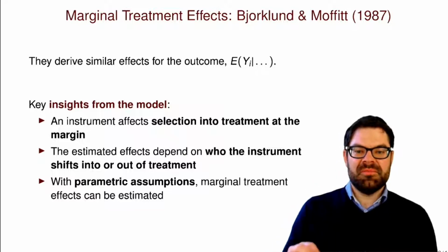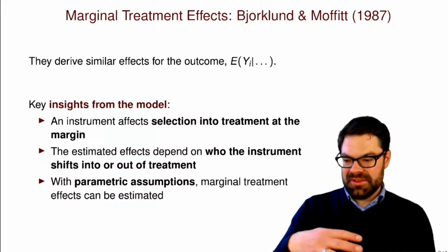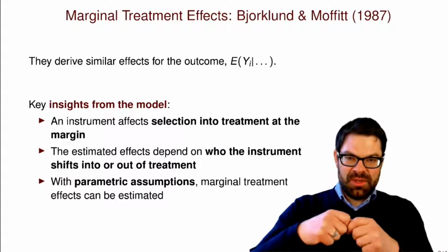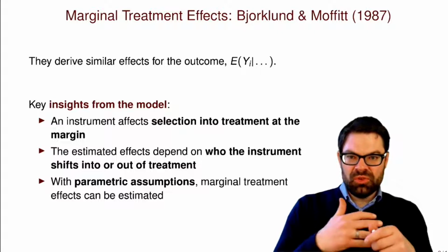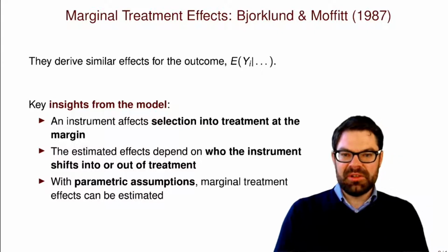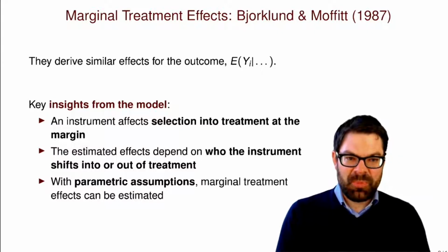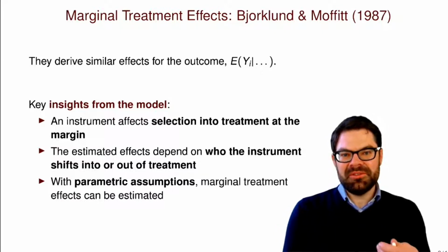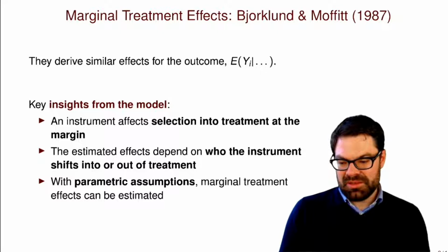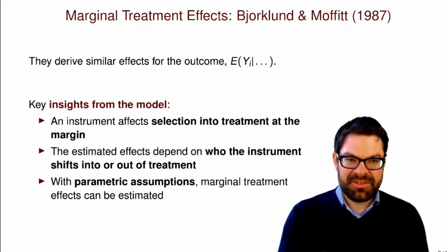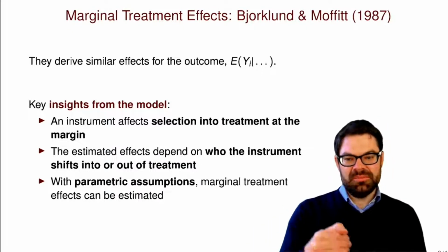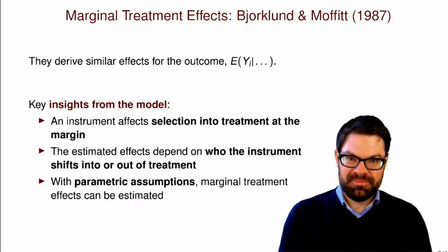And why is this so important? Well, it's important because it makes a connection between what we do in a typical policy evaluation and what we do in microtheory. In microtheory, when we try to establish what the effect of a policy is, we typically see that there are changes in behavior on the margin.